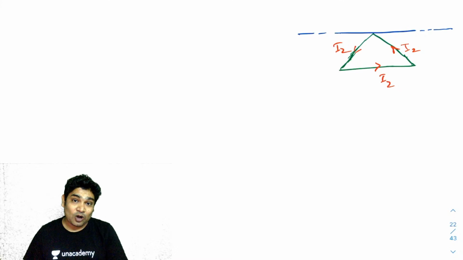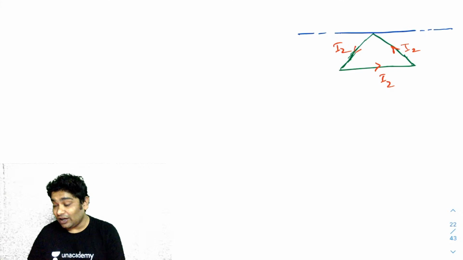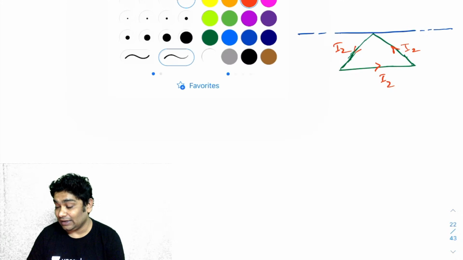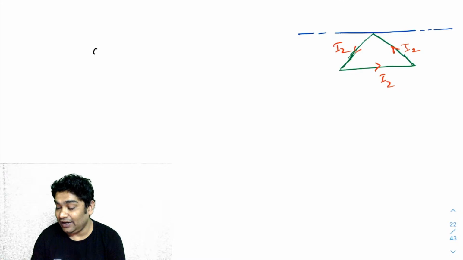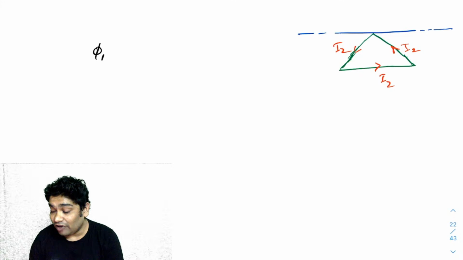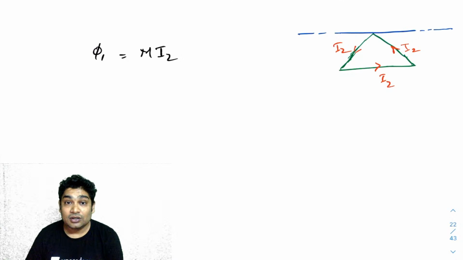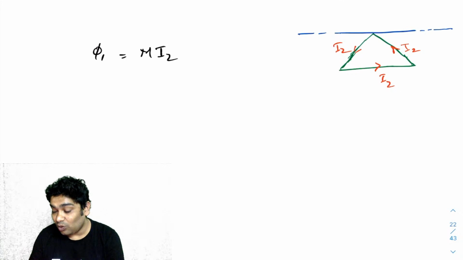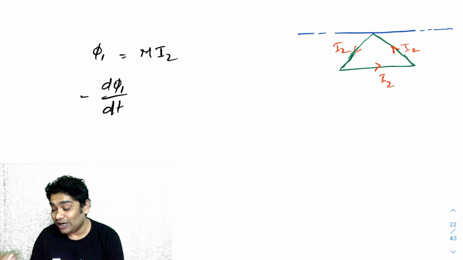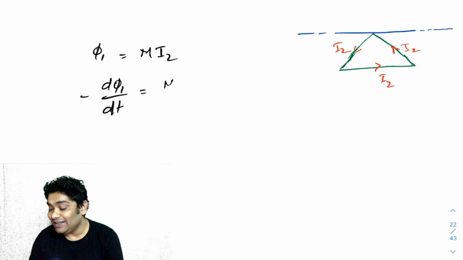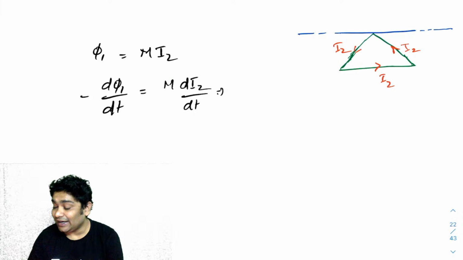Now, this would have caused some flux linkage with the open-ended wire. How much flux would have been linked? I can calculate that. I can say that phi linked with 1 would have been M times I2, correct? So what would be d phi 1 over dt? Yes, d phi 1 over dt would have been M times dI2 over dt. So let's see what we are getting at.